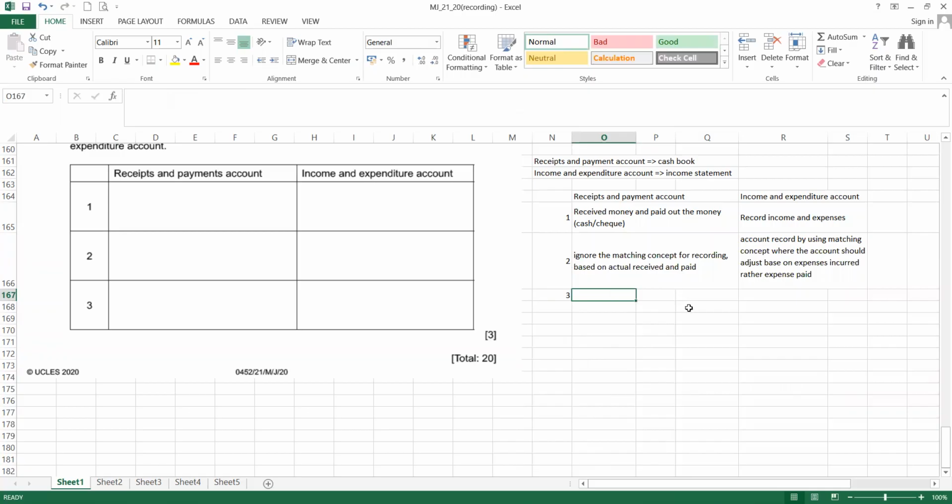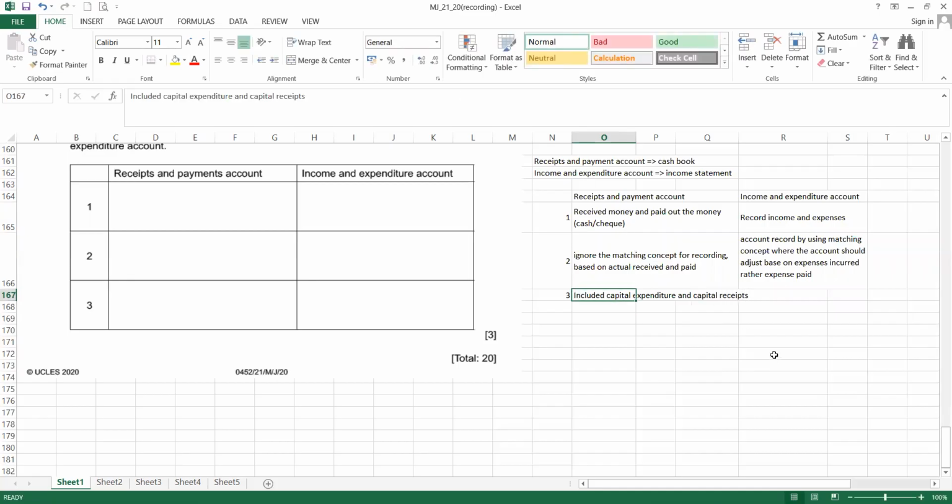Okay, what else can we think of? Included capital expenditure and capital receipt.